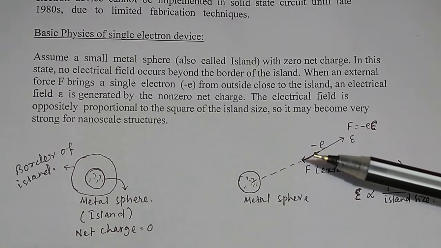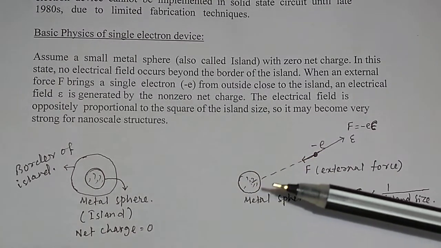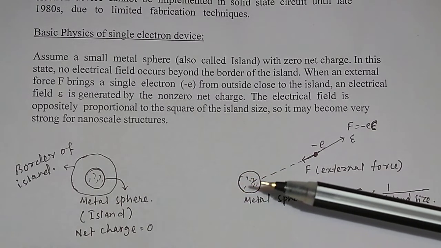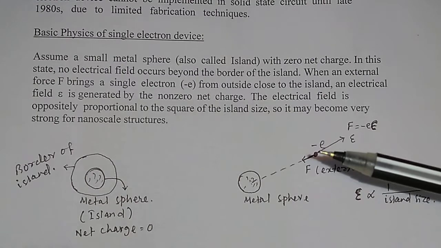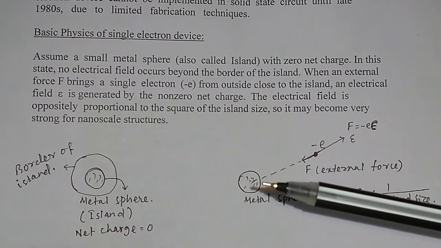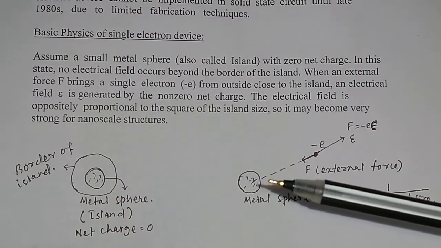Then you will get an electric field along this direction. This will be the direction of this electric field. So the electric field will be generated by this non-zero net charge on the island.